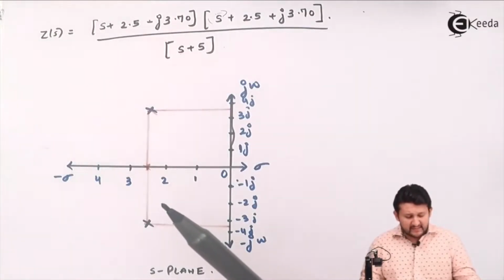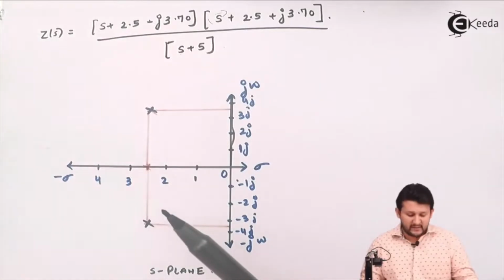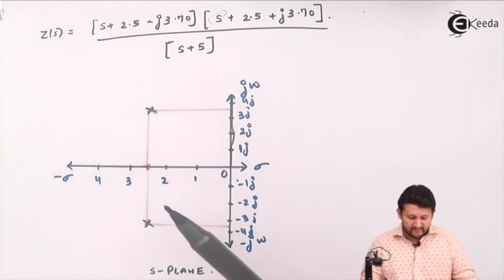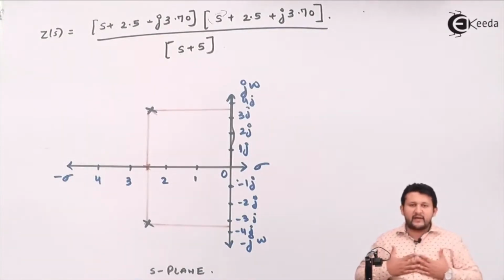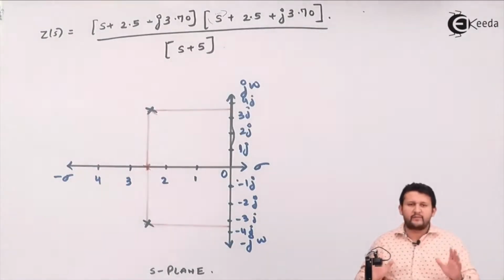So my question says, if I need to plot it, I need to get the value of poles and zeros. I need to know, my dear friends, where do I get my zeros and where do I get my poles. So the logic says, my dear friends, from numerator you get zeros and from denominator you get poles.